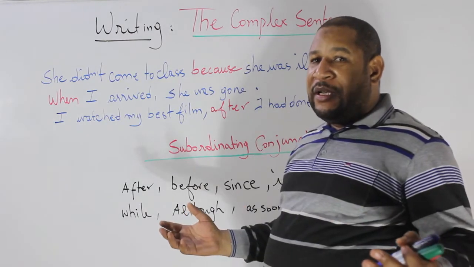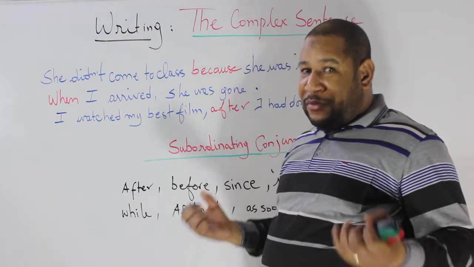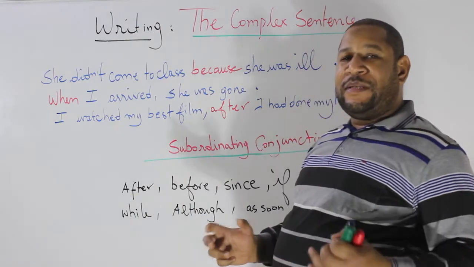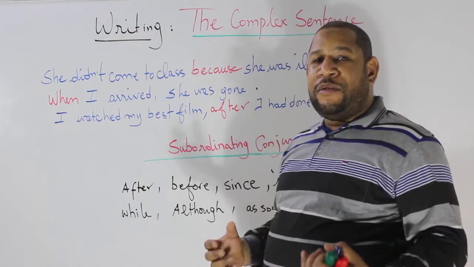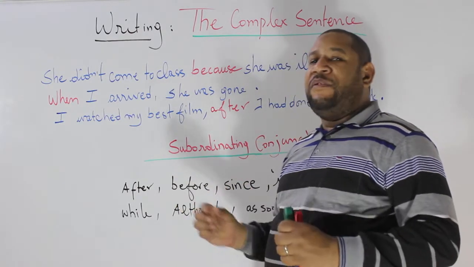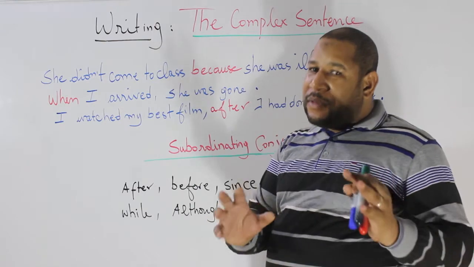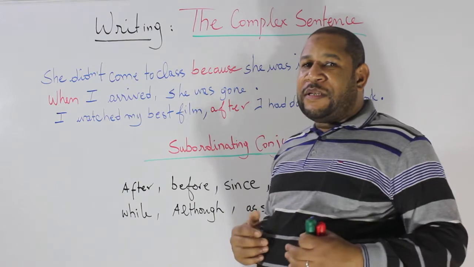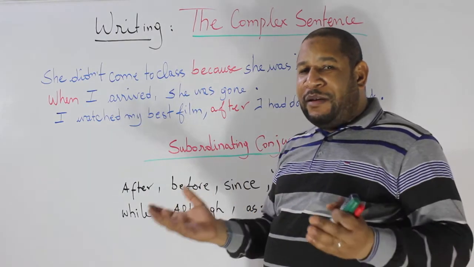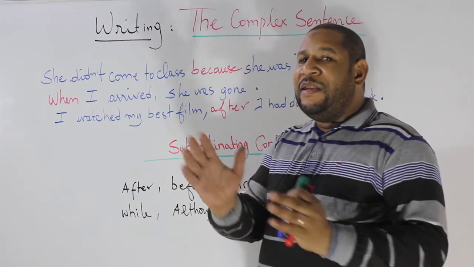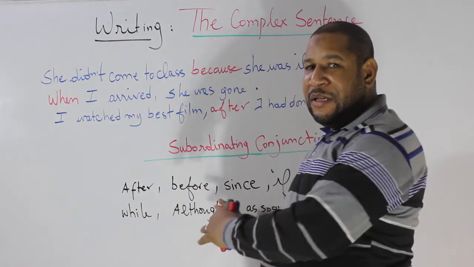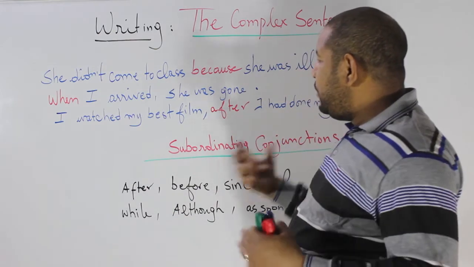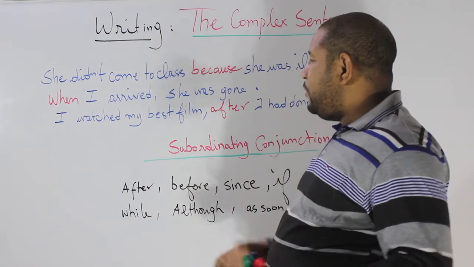They are very easy to write, but we have to master them. This is the type of sentence that you need to write a lot. You are going to use a very few simple sentences, some compound sentences, and as you noticed when we discussed compound sentences, they are easy because we have only 7 coordinating conjunctions, but here we have a lot of subordinating conjunctions. So we need to master them and know how to use them.